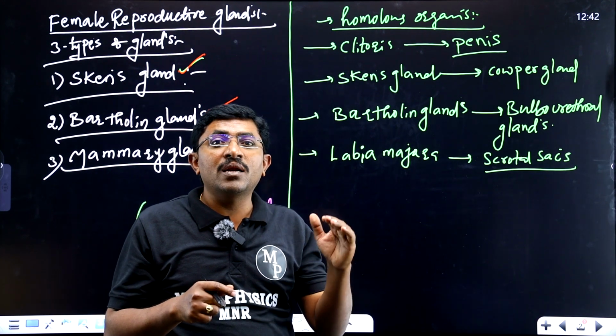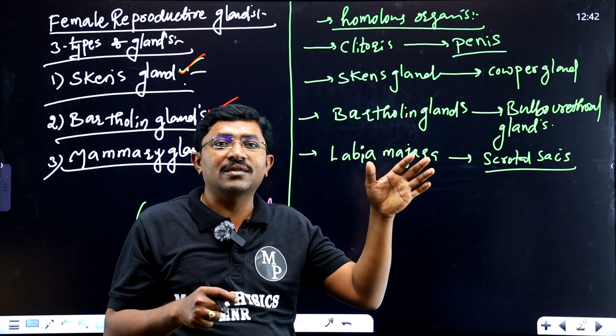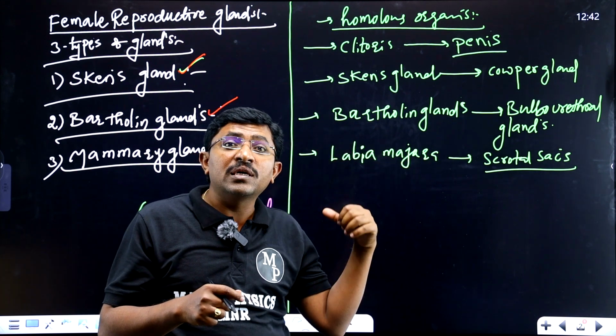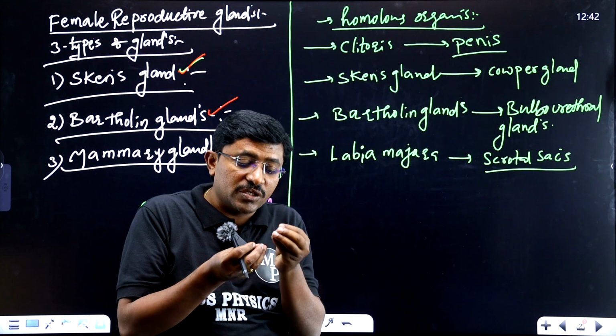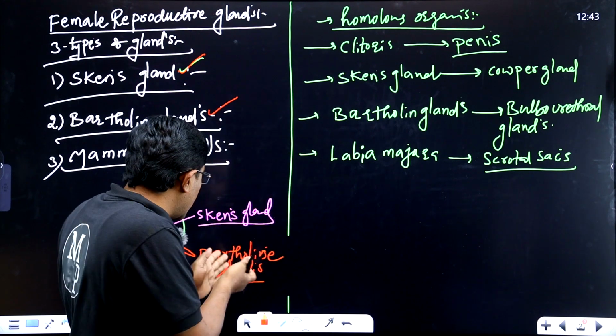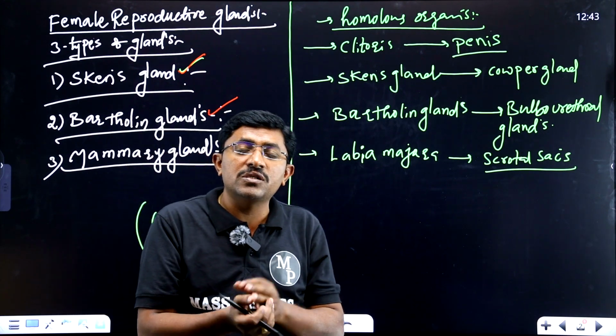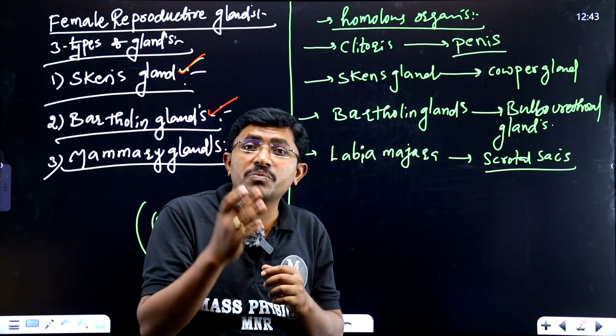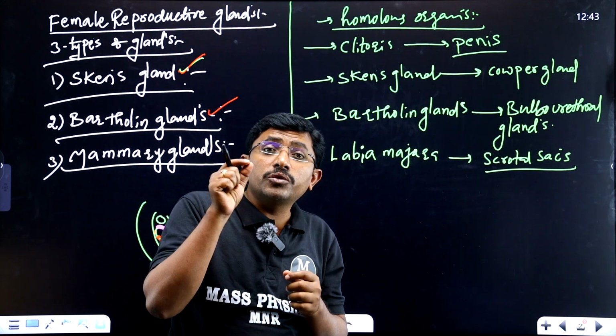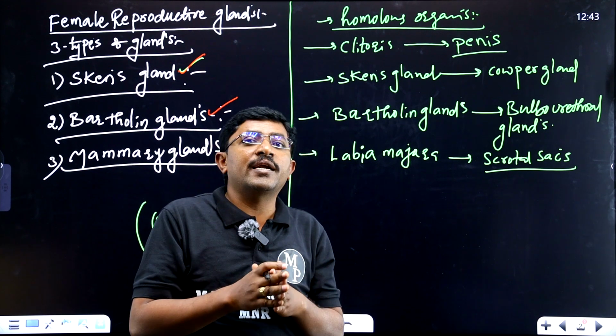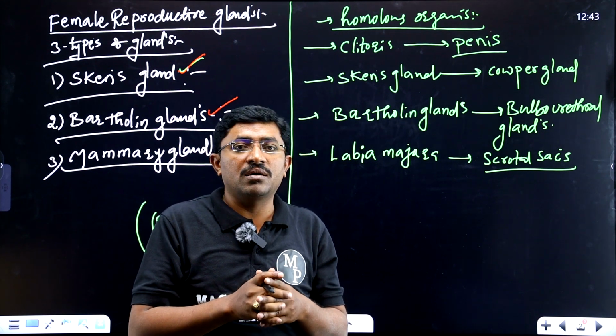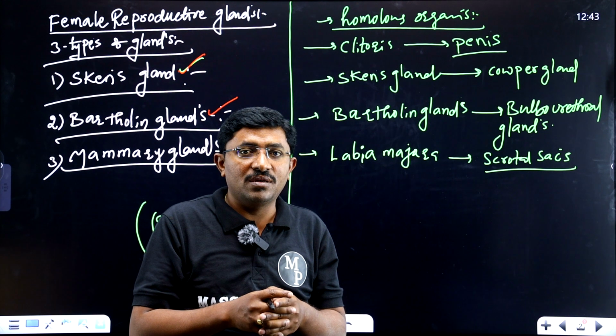When the female cow comes into heat, the Bartholin glands get activated and secrete some secretions. Those secretions give some smells, and by those smells the male bulls are attracted to the female cows and buffaloes. Understood.